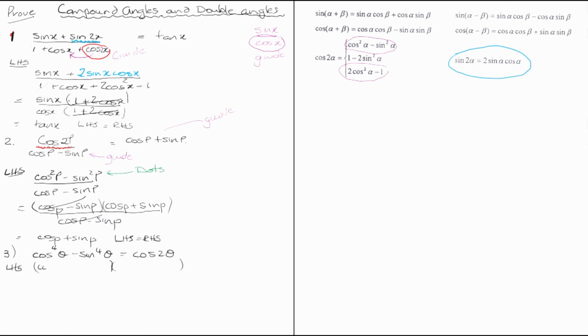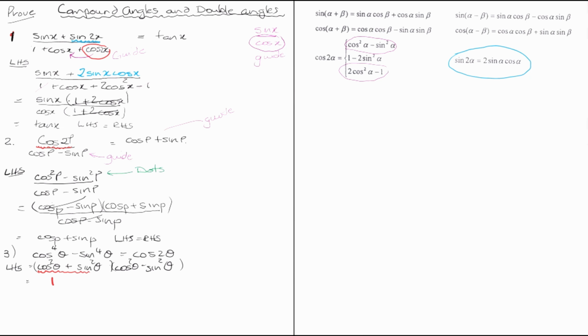So that will be cos squared theta plus sine squared theta, cos squared theta minus sine squared theta, also known as a conjugate pair. Right, cos squared plus sine squared is 1.